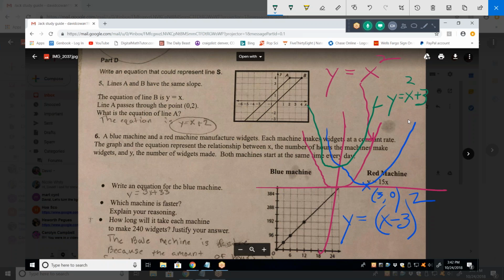The plus 3 is outside the function, whereas on the blue line, the 3 is inside the function. That tells you whether it is horizontal or vertical, always. That plus 3 is a vertical shift.